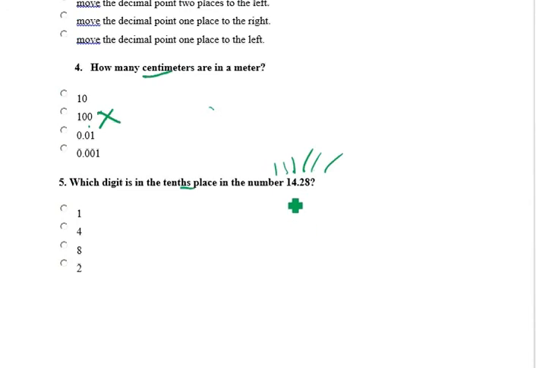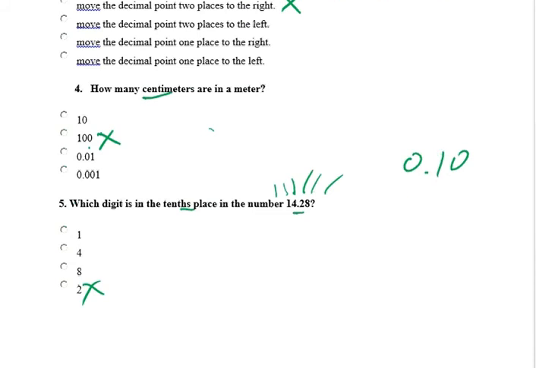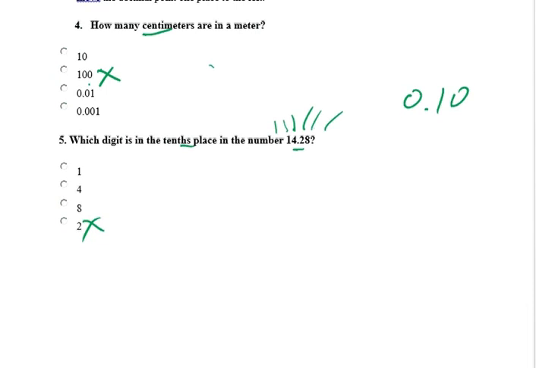So that's why a dime is 10 cents. Well, this is the tenth spot. So which digit is in the tenths place? The 2 is. So where is it? Down here. And we were already up to number 6. Let's see. Move it down. There it is.